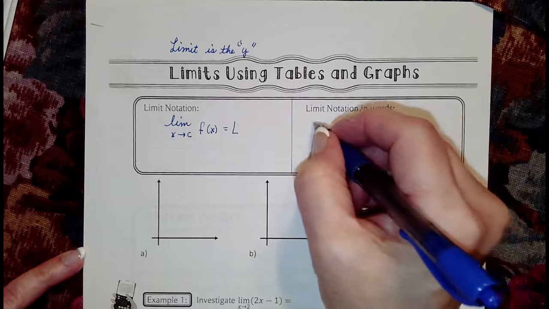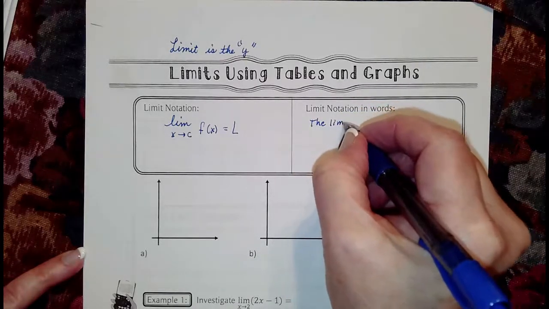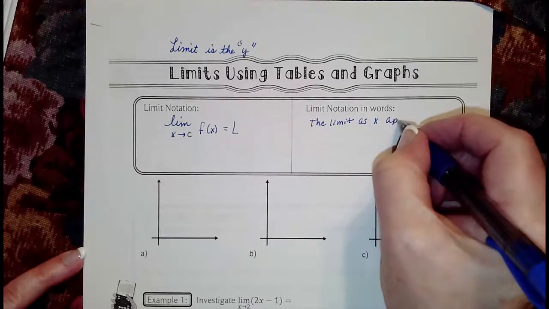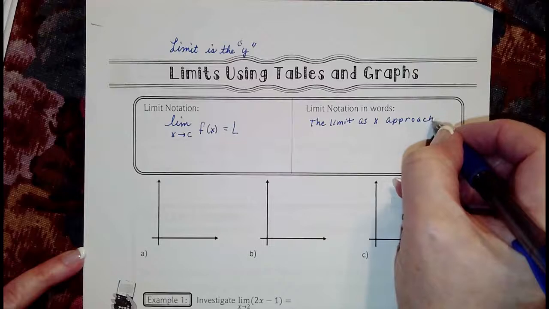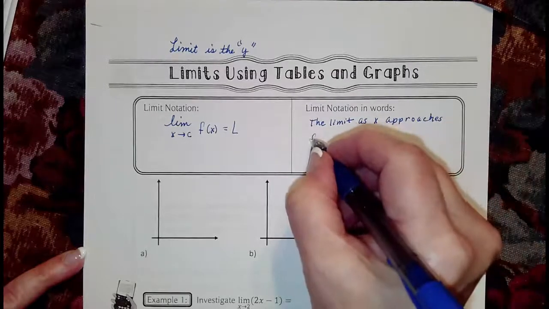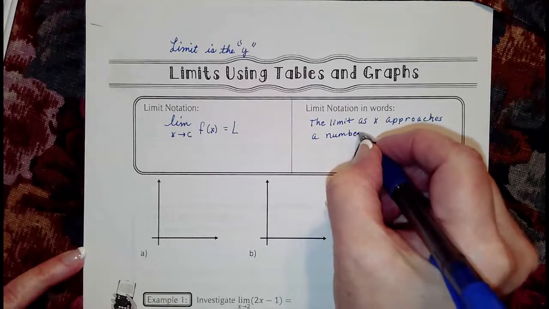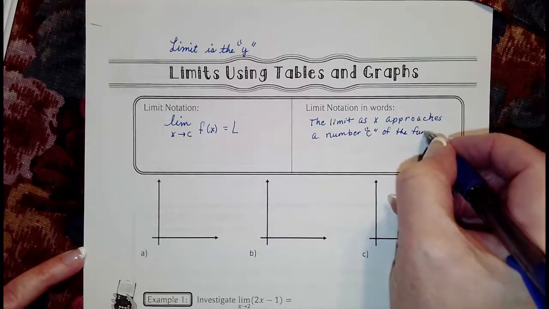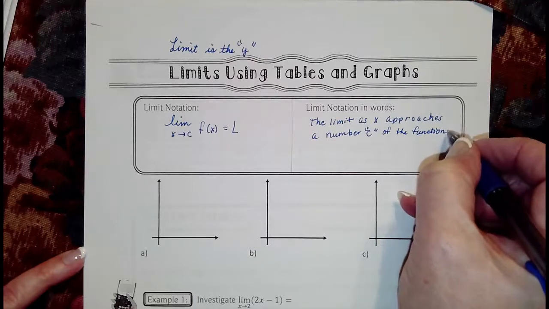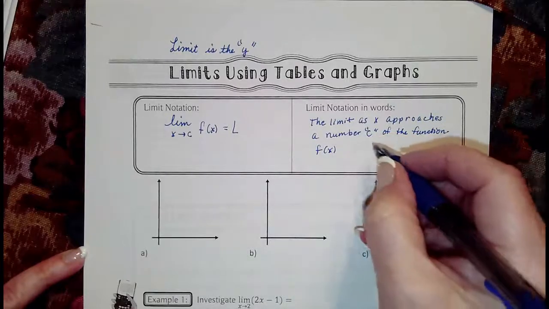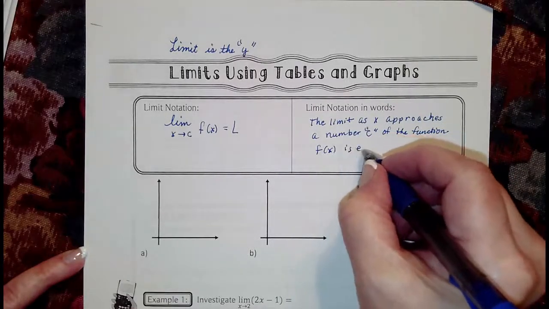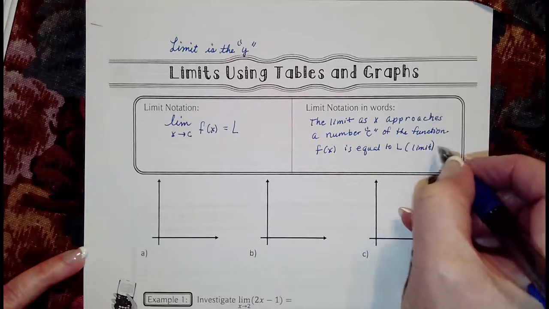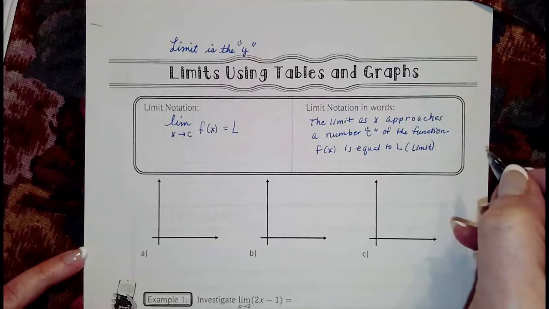So in words, the limit as x approaches a number c of the function f of x is equal to L. And L is our limit. Okay, give everybody a chance to get that written down first.